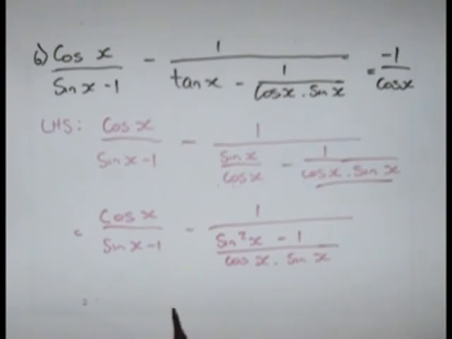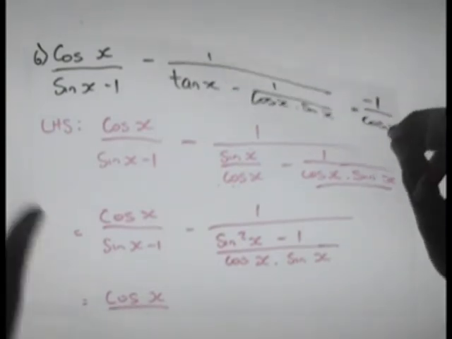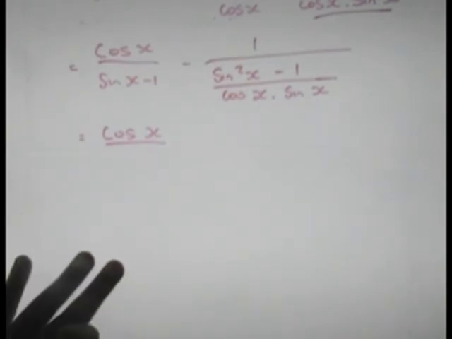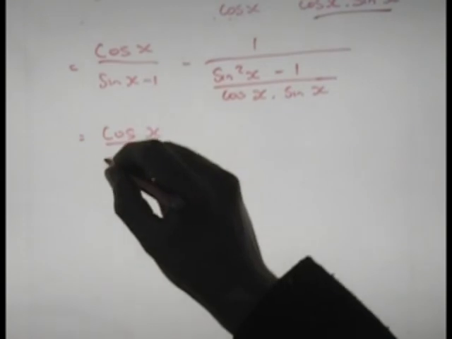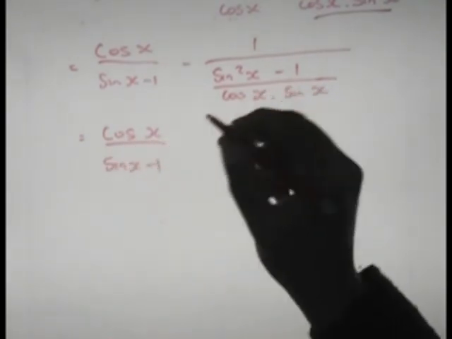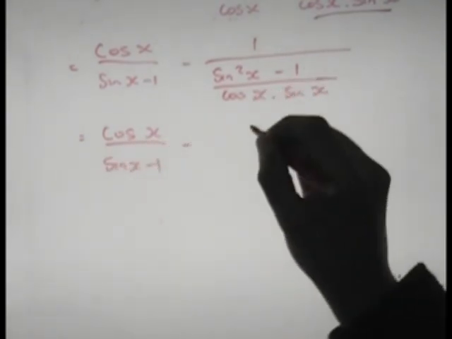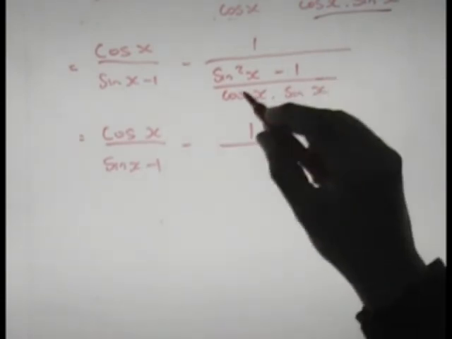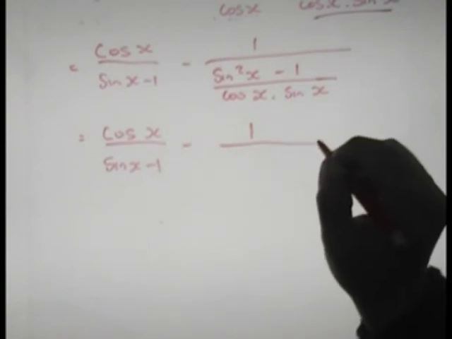Still this is going to stay as cos x over sine x minus 1 for now, minus 1 over sine squared x minus 1.